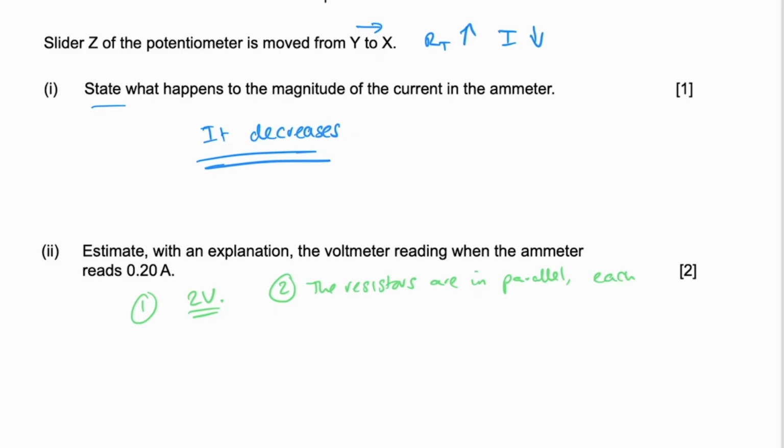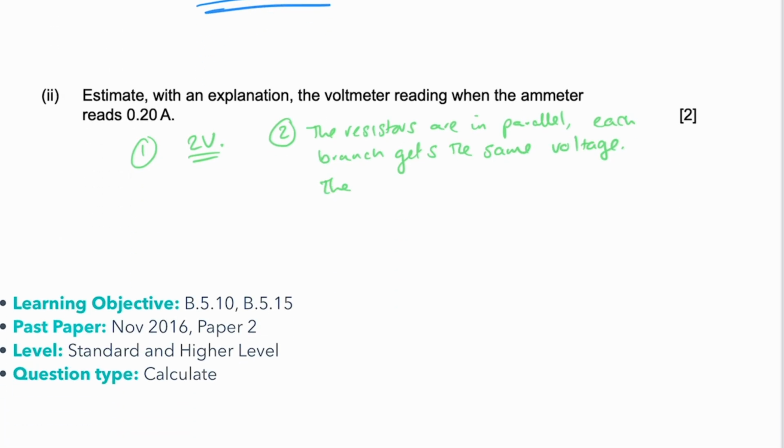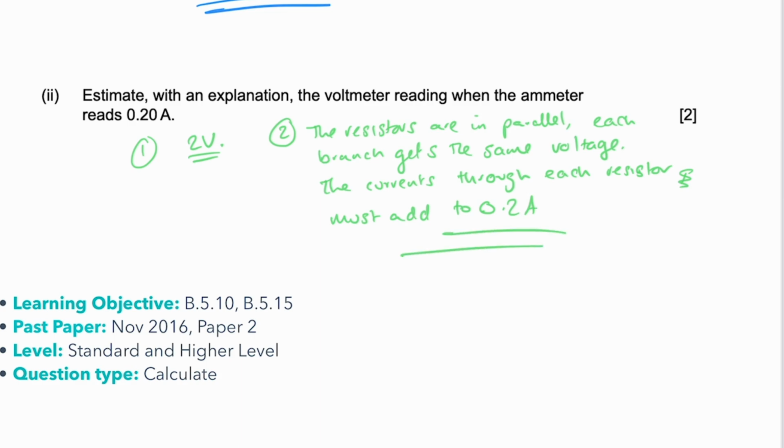Each branch gets the same voltage. The currents through each resistor must add to 0.2 amps. And I think I am done.